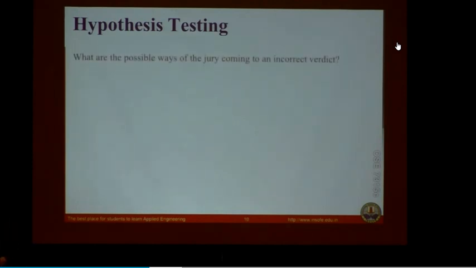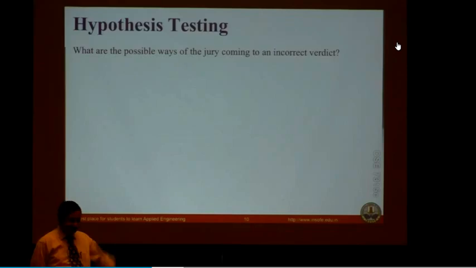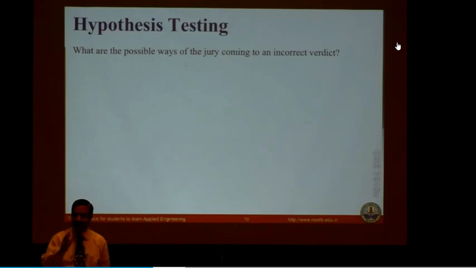So what are the possible ways the jury will come to an incorrect decision? What are the mistakes you will make?